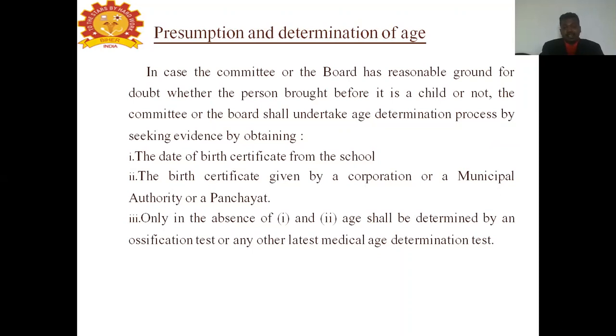Only in the absence of these shall the age be determined by an ossification test or any other latest medical age determination test. The certificate, birth certificate or age of the child should be inspected. That is very important. So before this process.